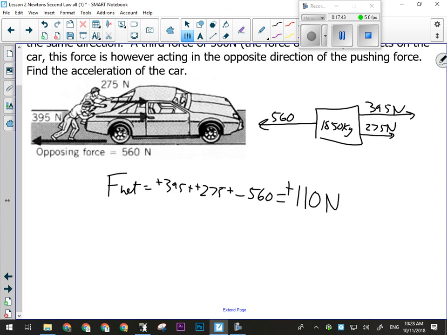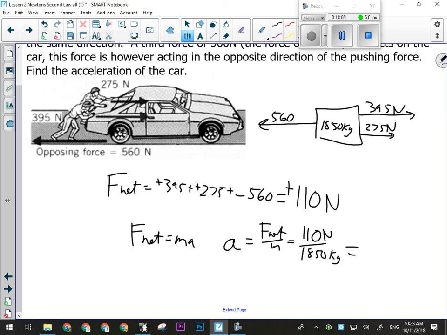So F net also equals mass times acceleration. So acceleration is F net divided by mass. 110 divided by 1,850. So 110 newtons, and newtons, remember, are a kilogram meter per second squared, divided by 1,850 kilograms.